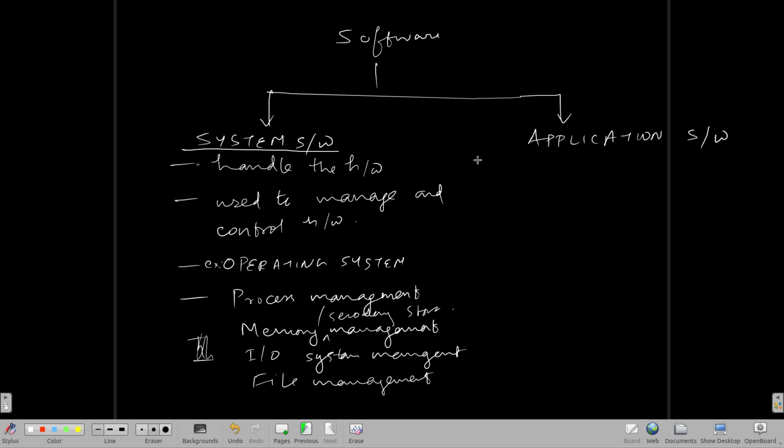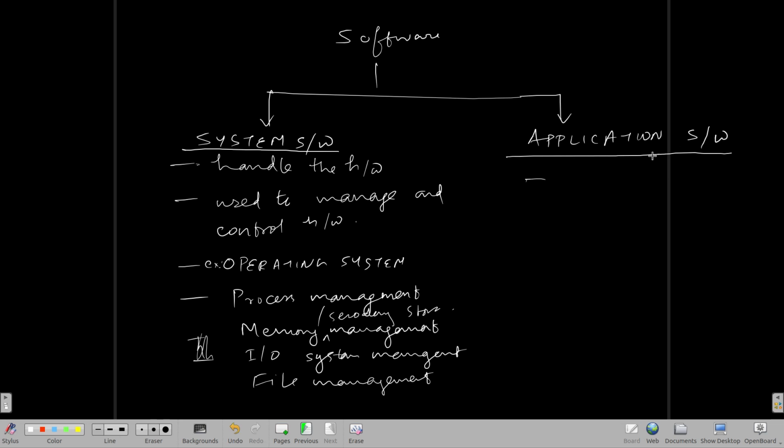Right. So when it comes to application software, how does it work? It doesn't directly interact with the hardware. If at all an application software requires some interaction with the hardware, it is done through the system software, and usually some sort of process will be made available for the system software.